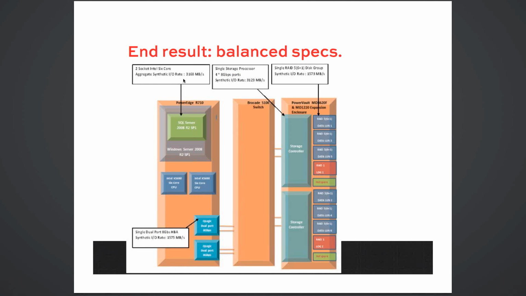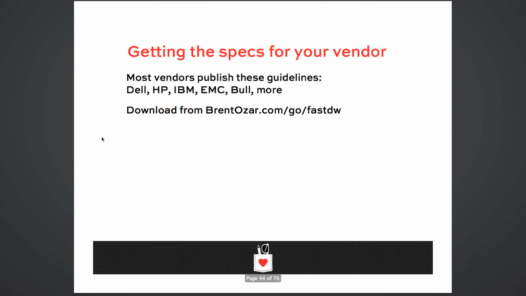See, here's the ending result out of that Dell document. You should be able to drive 3,168 megabytes per second all the way down to SQL Server's cores in order to max out CPU and get that to go as fast as humanly possible.